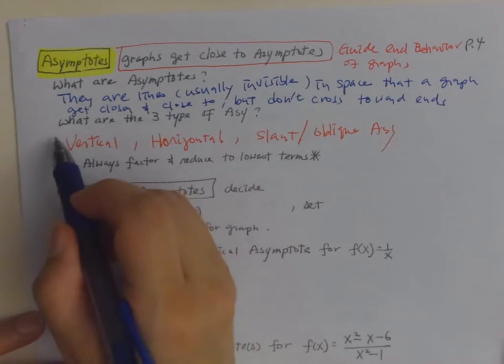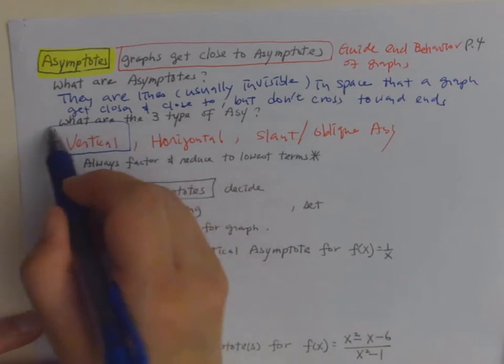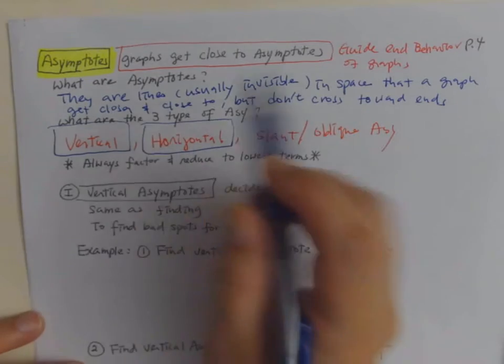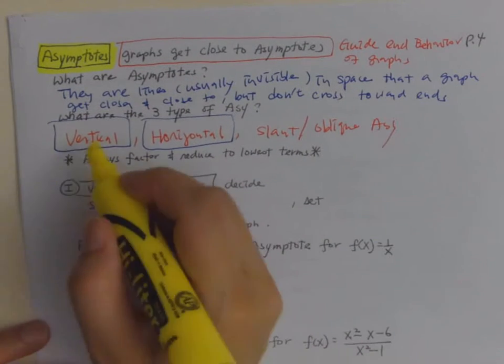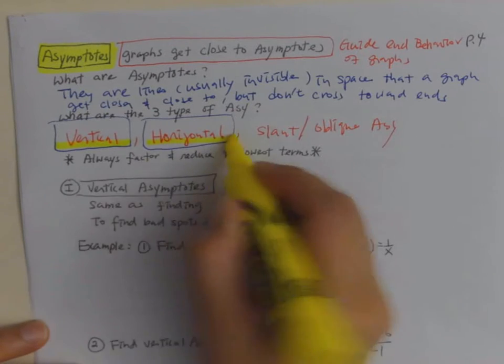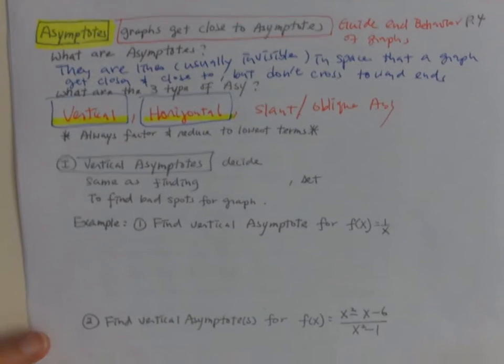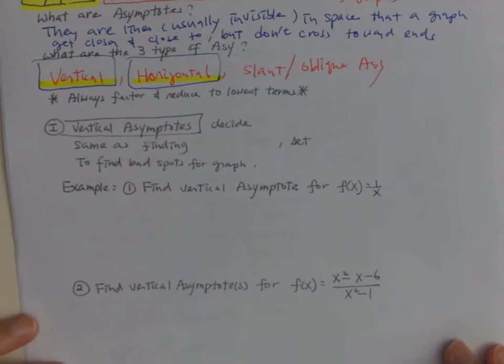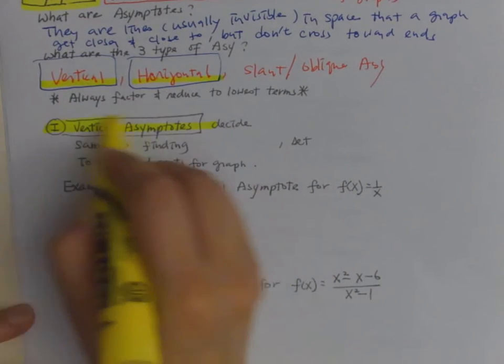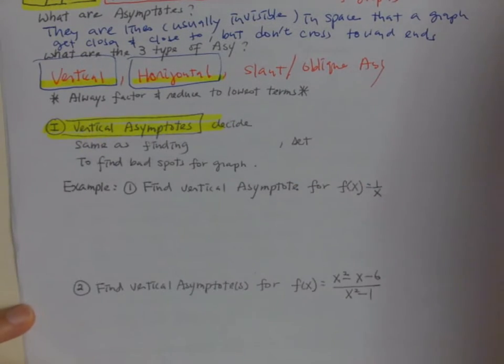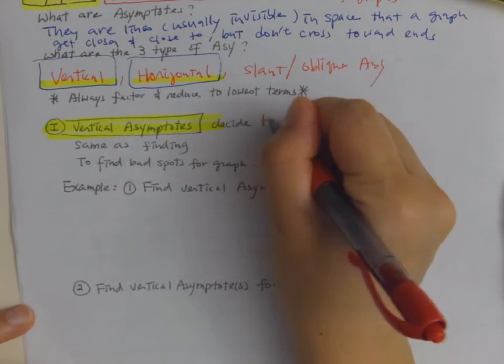And for some reason, most of the business books only focus on vertical and horizontal asymptotes, so we're not going to get into slant asymptotes for this class. But if you do college algebra, they will also talk about slant or oblique asymptotes. So first, we're going to look at vertical asymptotes. It helps you to decide how many pieces of graph you have.